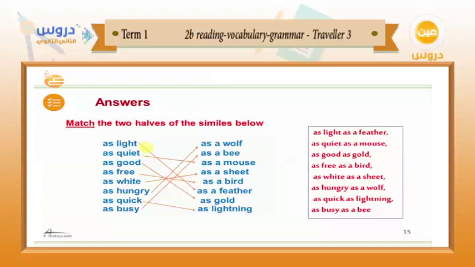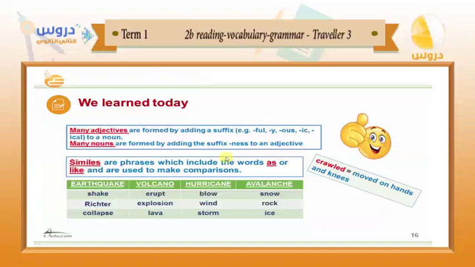So, as light as a feather, as quiet as a mouse, as good as gold, as free as a bird, as white as a sheet of paper, as hungry as a wolf, as quick as lightning, and as busy as a bee.